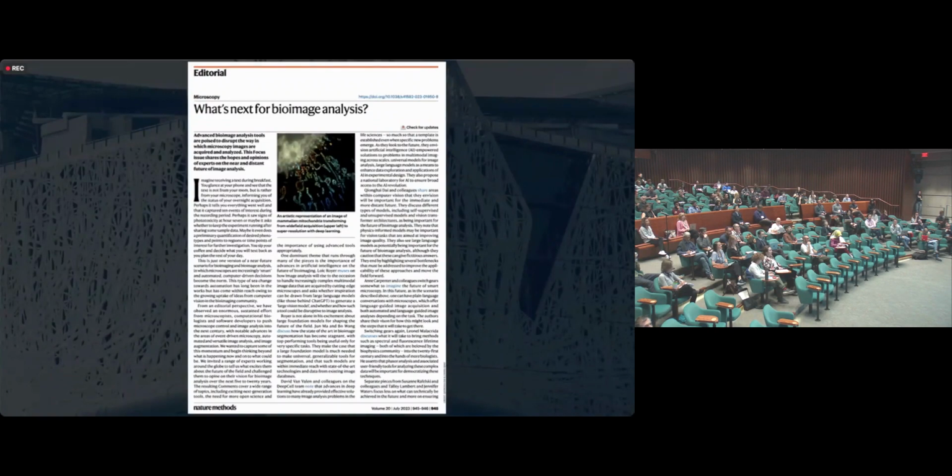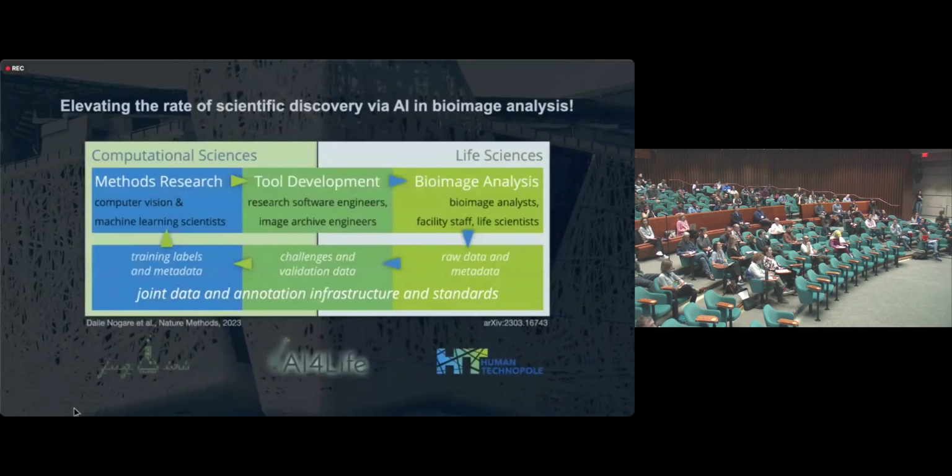About 18 months ago there was a special issue in Nature Methods that asked what the next 10 years will bring. Many people had many opinions, and we were one of them. We pointed out a relatively obvious thing: methods research needs the data from the life sciences so that AI can come up with methods that will facilitate the rate of scientific discovery.